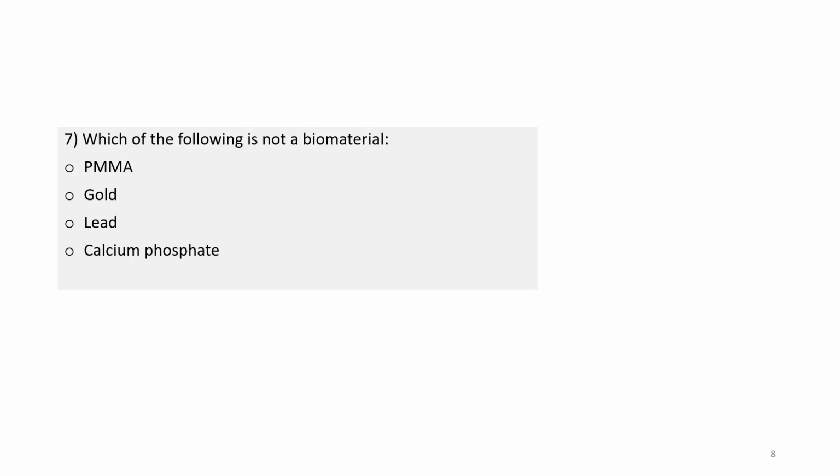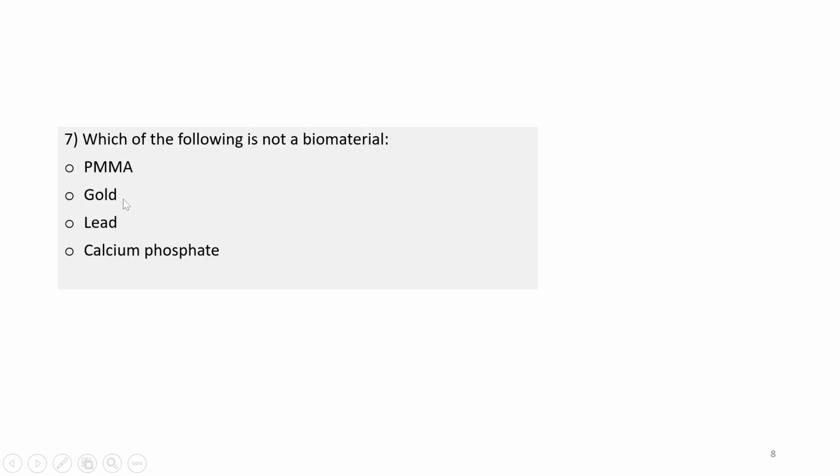Which of the following is not a biomaterial? Your options are PMMA, gold, lead and calcium phosphate. As I told earlier, biomaterials should not be toxic for the body. So here the correct answer will be lead, because lead is toxic for the human body, so it can't be used as a biomaterial.